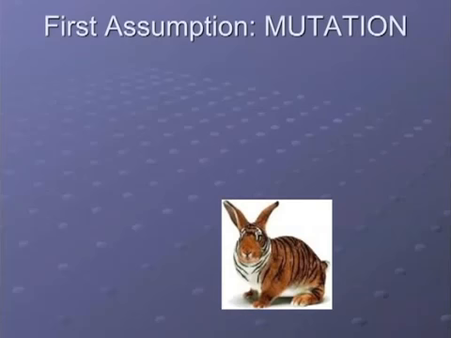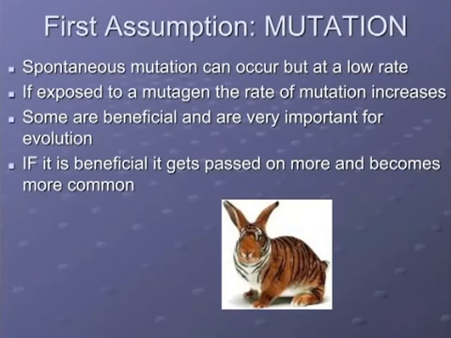So the first one, mutation. Spontaneous mutations always occur. They occur at a low rate. But we are often also exposed to mutagens, and so therefore the rate of mutations increases. Now, some are beneficial. Those are the really important ones for evolution.